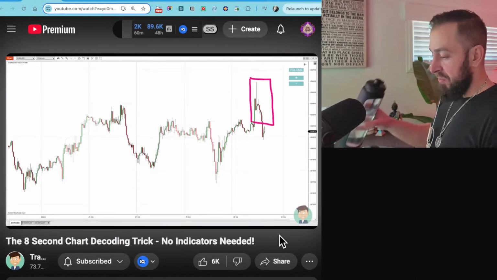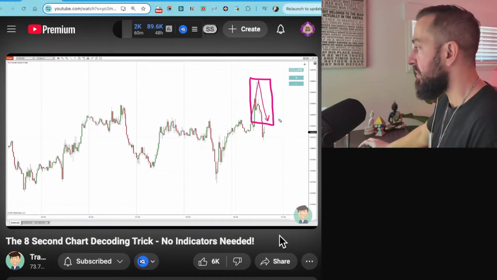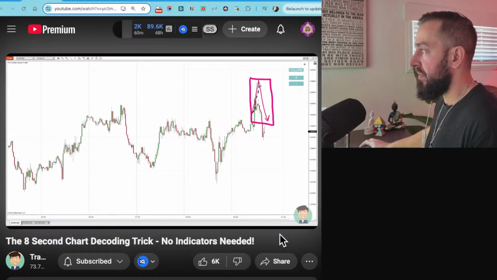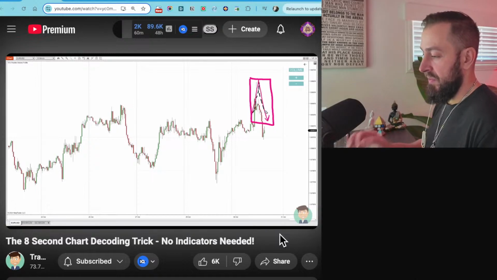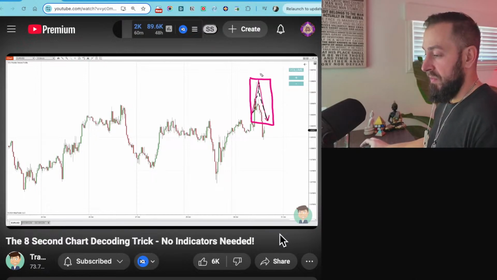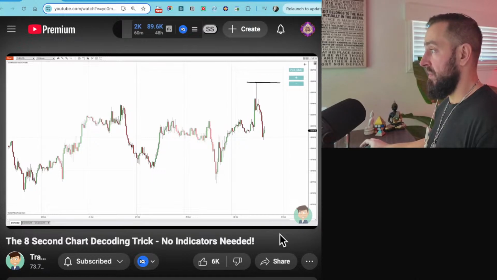For example, this one. This is a pretty strong rejection of higher prices. In this example, this is telling us that buyers were pushing the price upwards aggressively, and then sellers started to jump in and pushed the price downwards. Right? So this is a strong rejection, and it marks a very important point in the market, because this is a place which was defended, and it was defended very aggressively here.